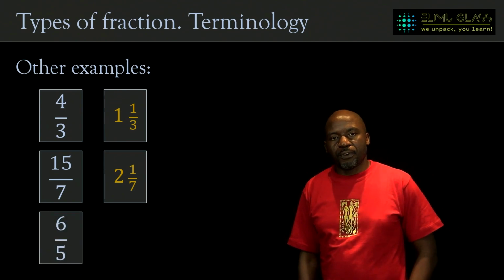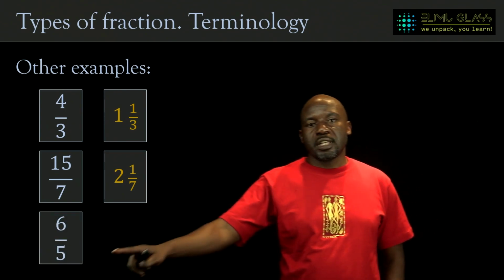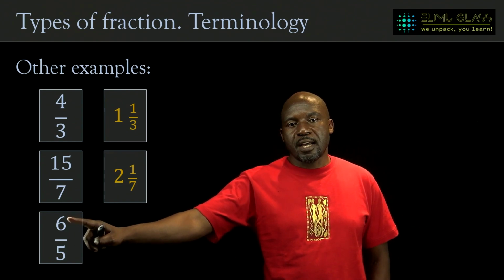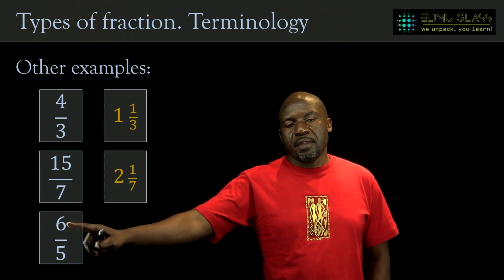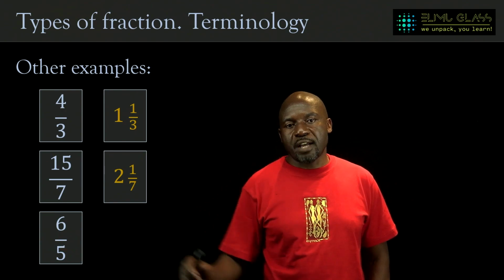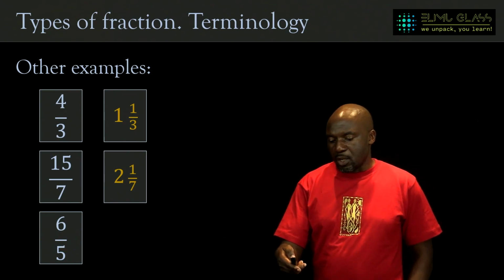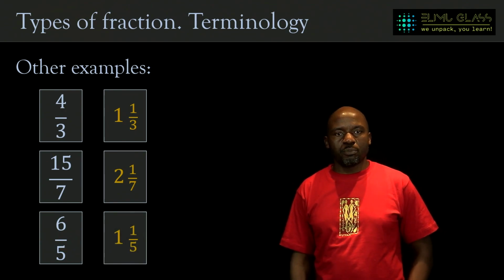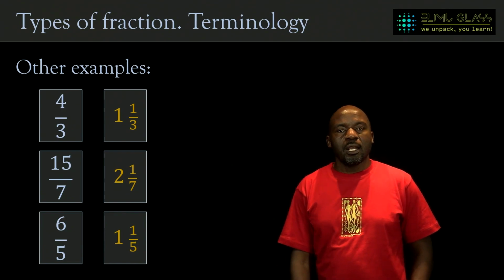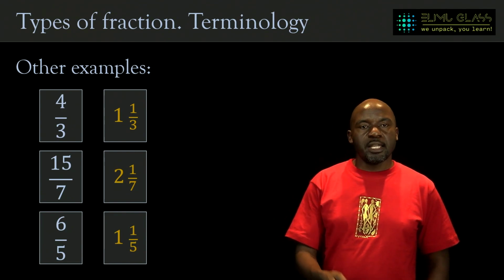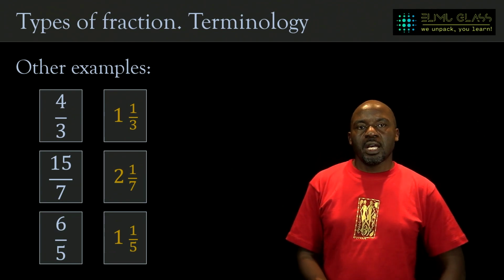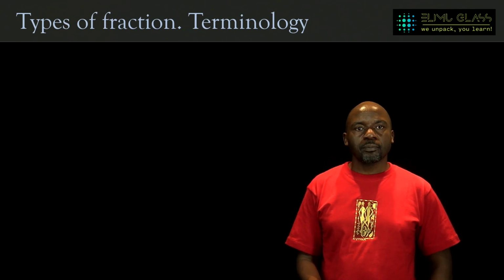Yes, 6 out of 5. 5 goes into 6 once, and there is a remainder of 1, and therefore we can express 6 over 5 as 1 and 1 over 5. This should not be difficult at all, but once again, in case you find this challenging, let me know and we can go through it together.